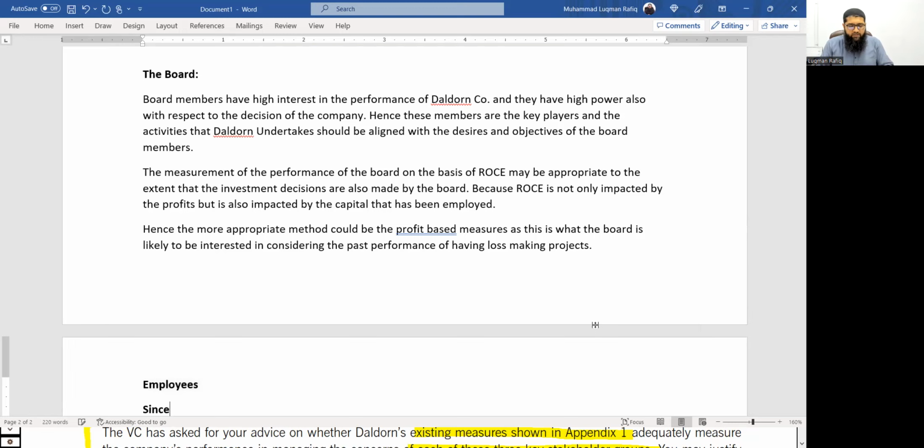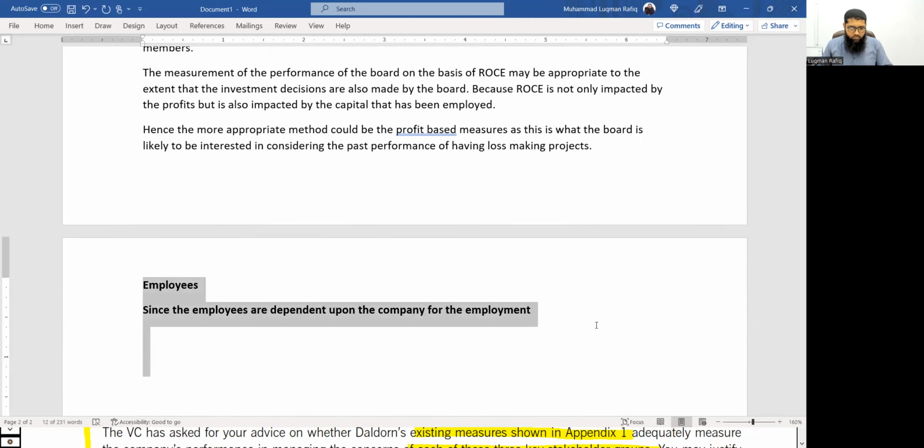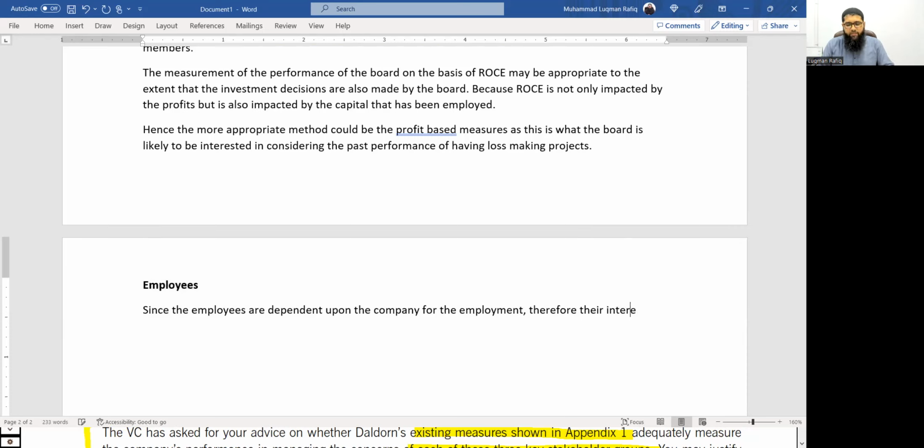Now, since the employees are dependent upon the company for the employment, therefore their interest is high.